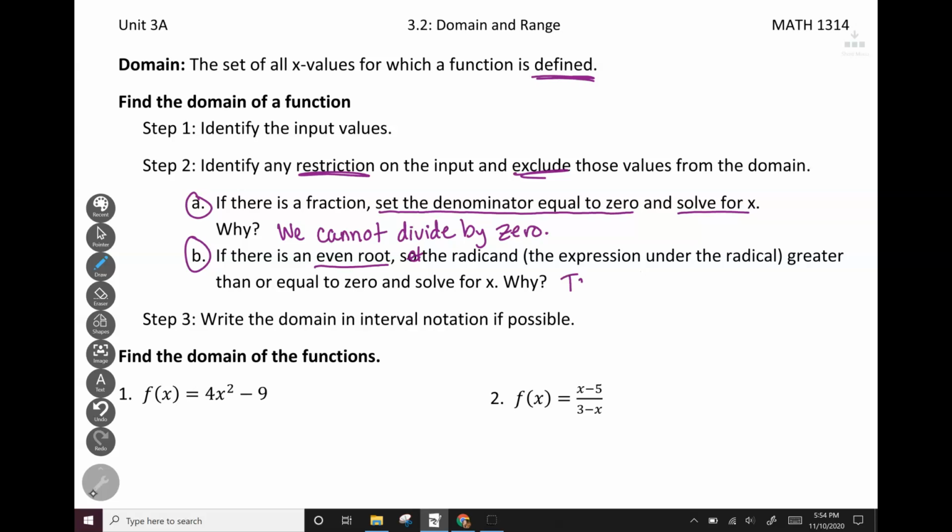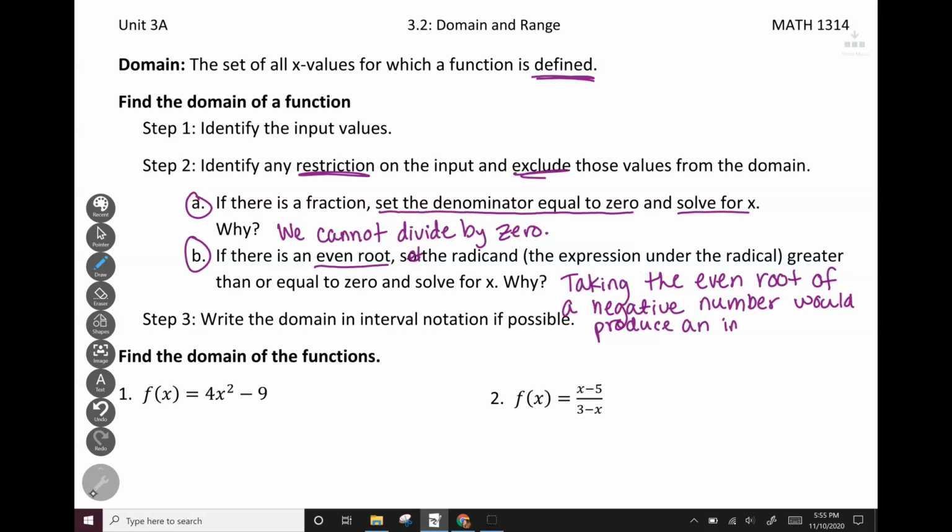Taking the even root, so that's a square root, 4th root, 6th root, any even root of a negative number would produce an imaginary y value.